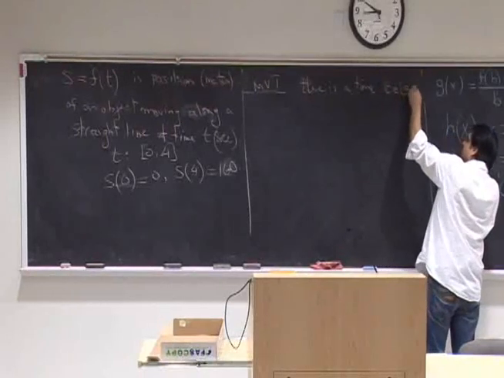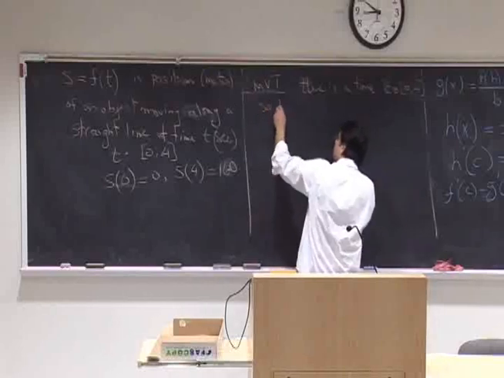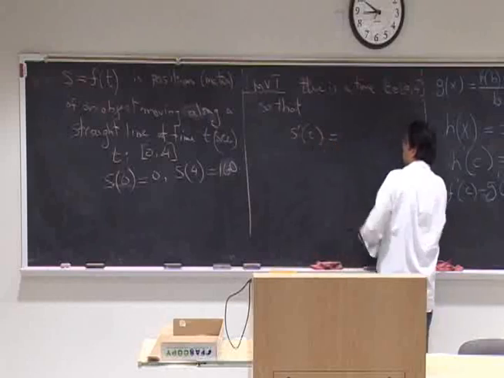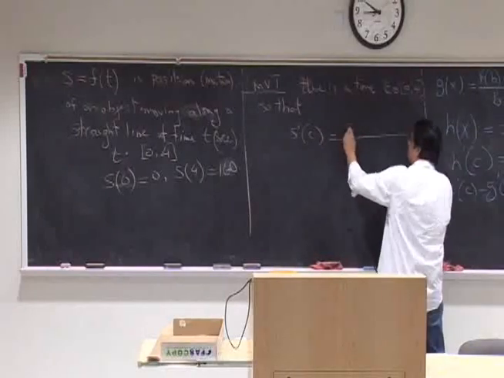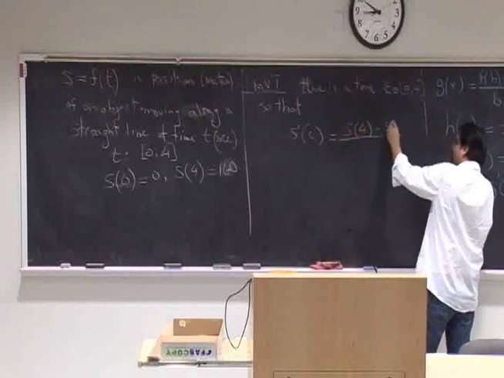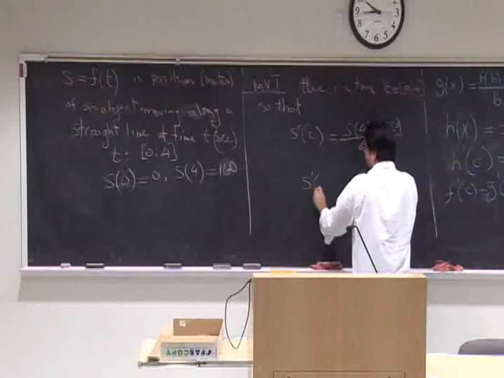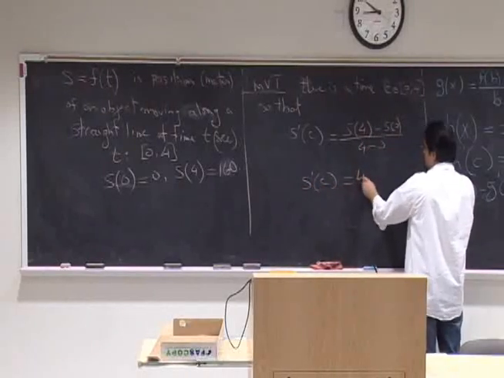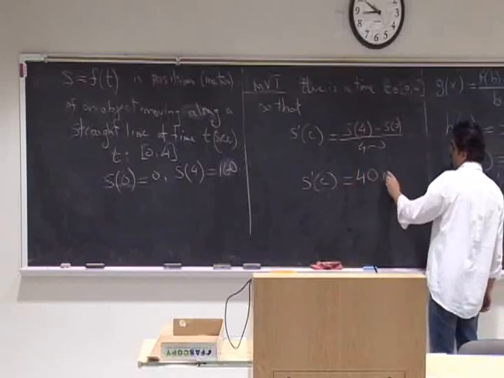There is some time between 0 and 4 seconds so that S prime at that point is equal to what? S of 4 minus S of 0 over 4 minus 0. Let's work that out. S prime of c equals 160 minus 0 over 4, so 40 meters per second.